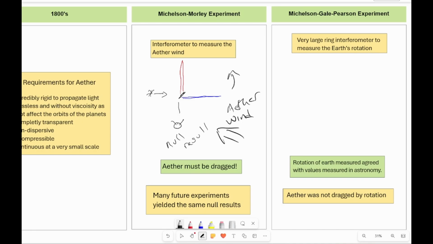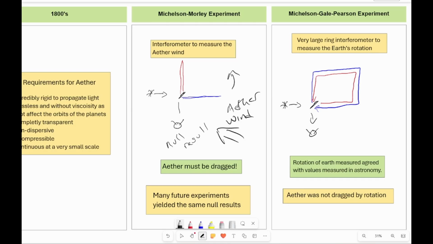The Michelson-Gale-Pearson experiment was another interferometer, but this is a ring interferometer, quite a bit larger. Our source goes into a beam splitter, one light path like that, and then another light path. Basically the light was going in opposite directions. They would combine, and another eyeball.